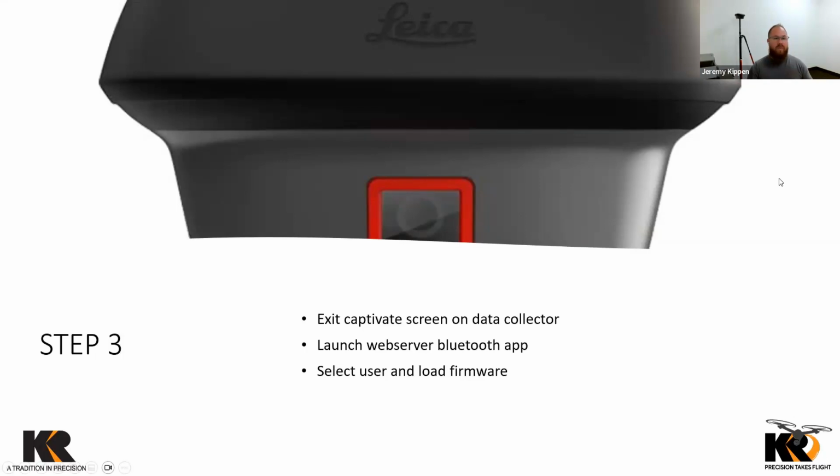What we will want to do is put your SD card into your GPS unit and launch your Web Server Bluetooth app. It'll bring up another screen where you can select your user and then load firmware.